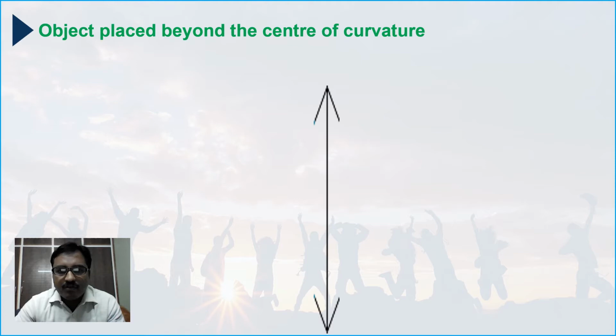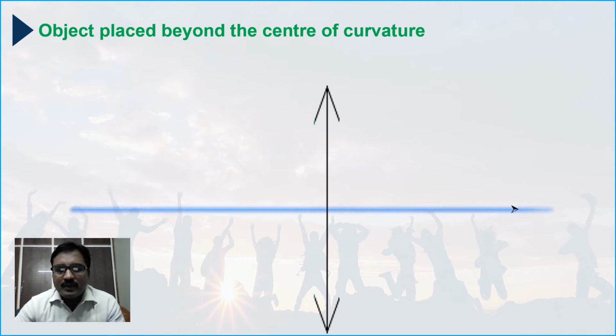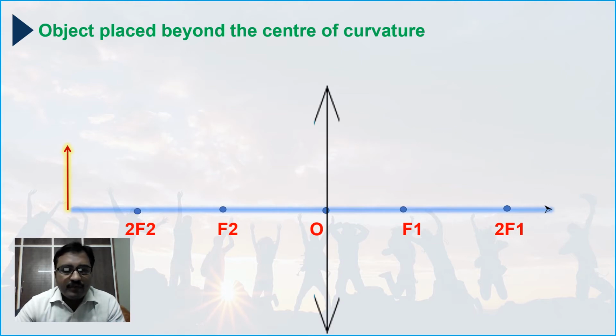Previously we have drawn the complete picture of the convex lens, but to minimize the complication we can draw the lens like this. It represents the convex lens. Now we have to draw the principal axis. We have to note down the points. Now where we have taken the object, this is the object beyond C.